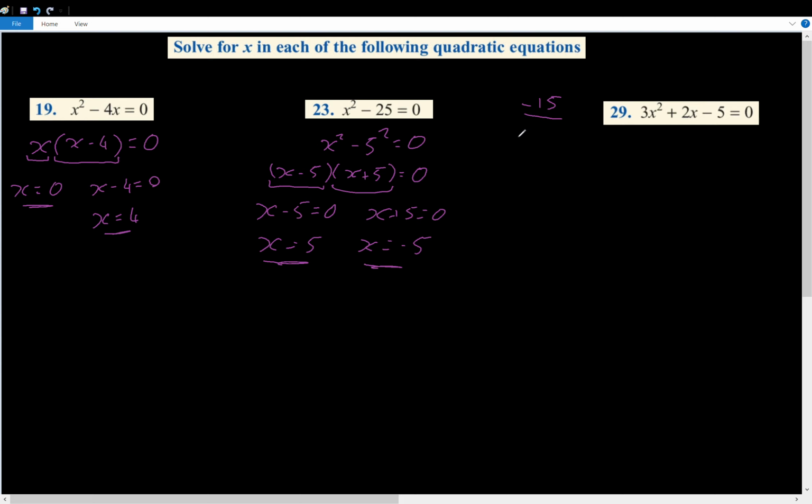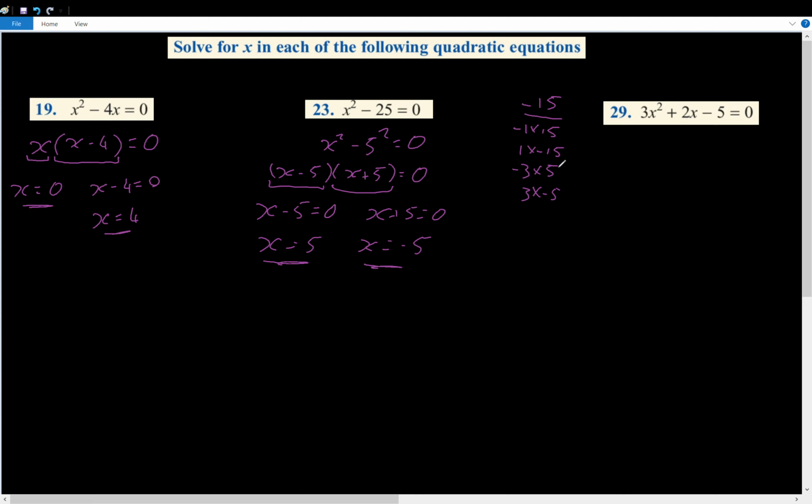So our factors of minus 15 are going to be 1 times 15, or minus 1 times 15, or 1 times minus 15, both of which don't fit our criteria, or we'll have minus 3 times 5, or 3 times minus 5. And as you can see, minus 3 times 5 multiplies to minus 15, and if we added minus 3 and 5, we'll get 2.